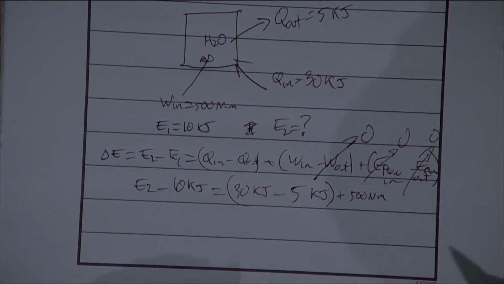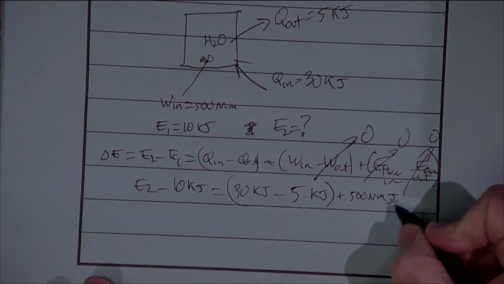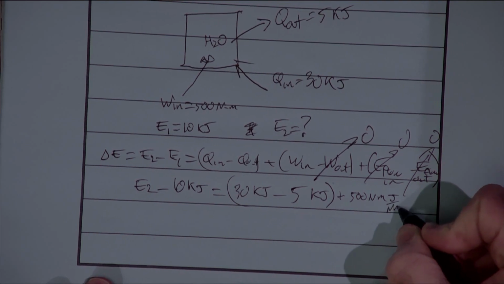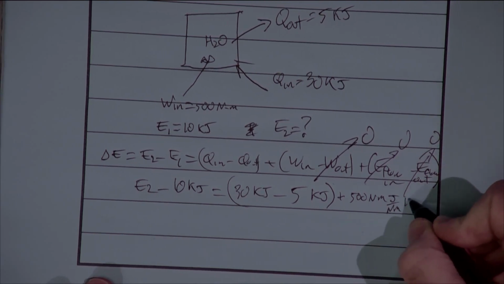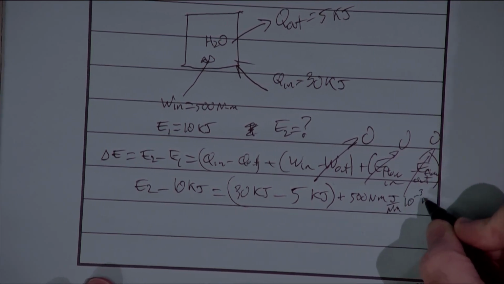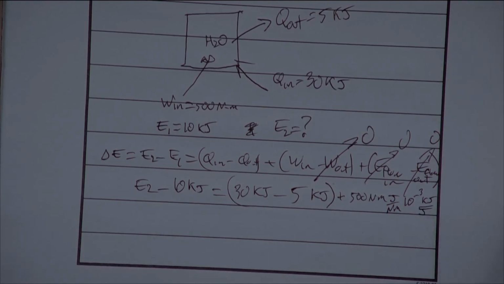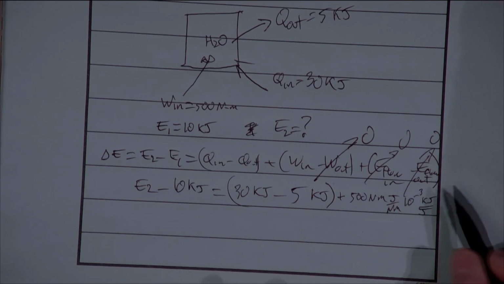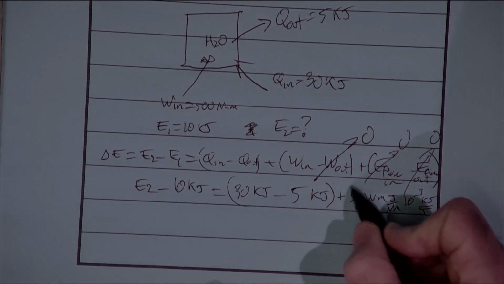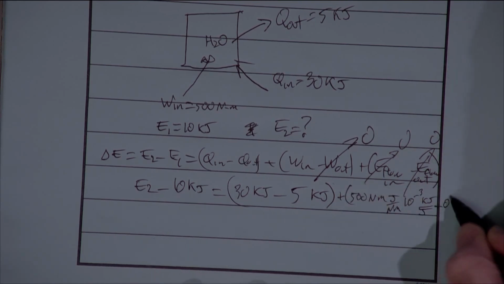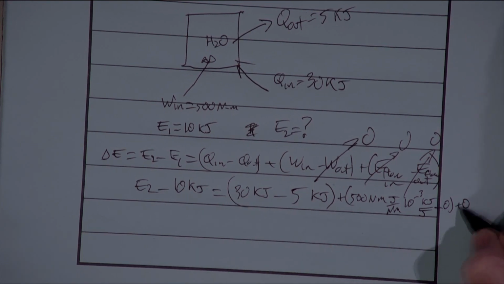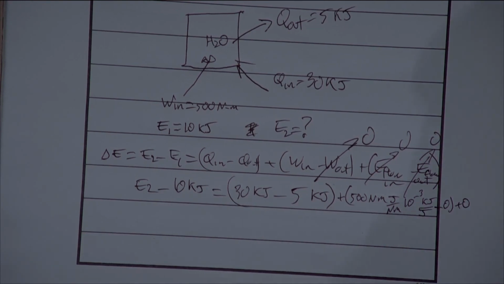Now let's keep in mind that a Newton meter is the same as a joule, and that there's 10 to the minus third kilojoules per joule, or if you will, 1,000 joules per kilojoule. So that actually takes care of the units in that first work term, and then I'll just put minus 0 plus 0. So the problem's essentially done, right?